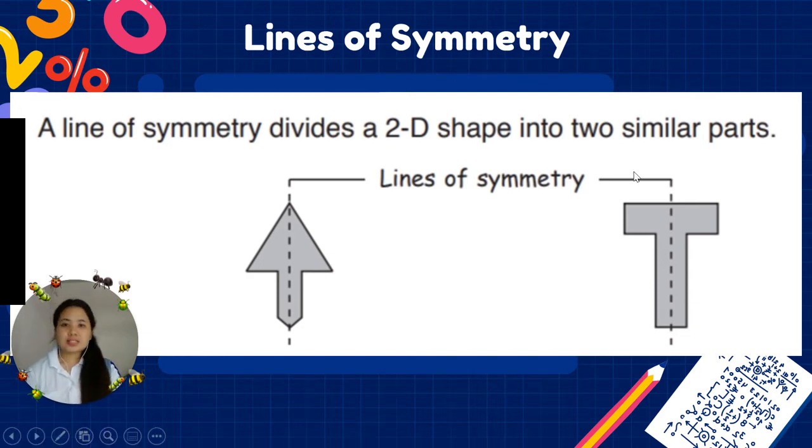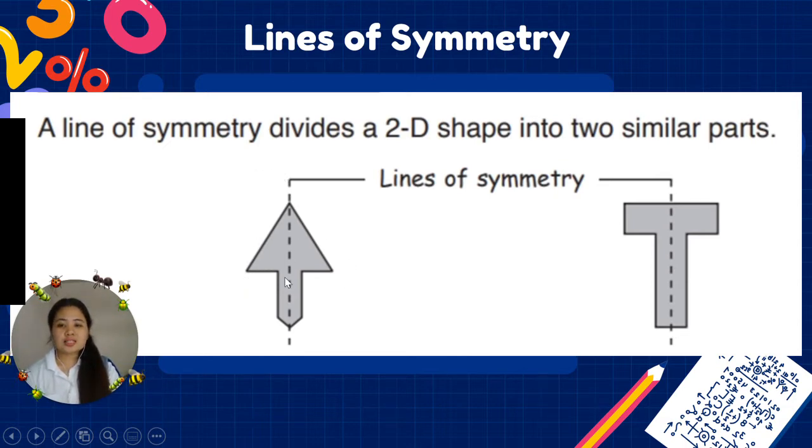Lines of symmetry. A line of symmetry divides a 2D shape into two similar parts. So the line of symmetry is what you use when you divide that shape. This is the line of symmetry because this side and the other side are the same.